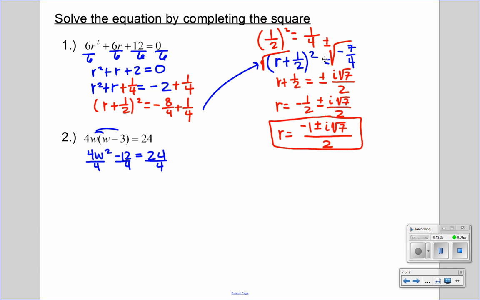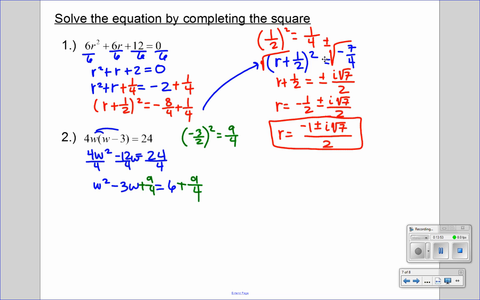So we now have w squared minus 3w equals 6. Okay? Wait, that should be w right there. There we go. Okay. Now our b value is negative 3, so we're going to complete the square. So it's going to be negative 3/2 squared, which gives us 9/4. So we're going to add 9/4 to both sides.